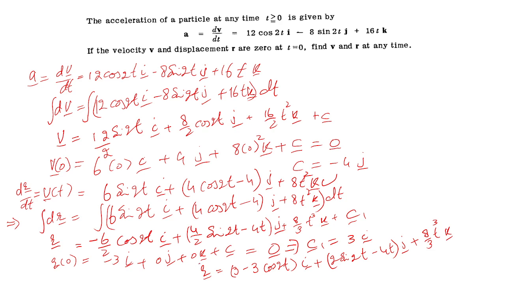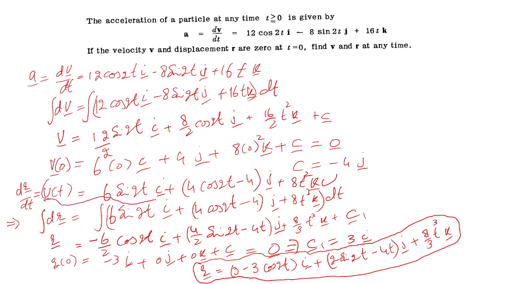So I underline the things. This is the displacement at any time t, and this one is the velocity at any time t of the particle.